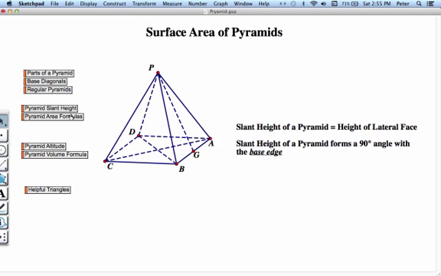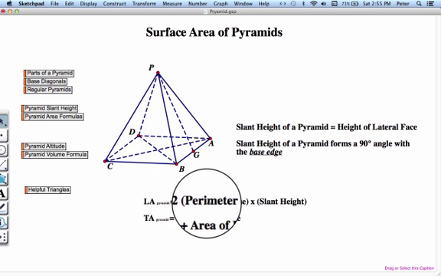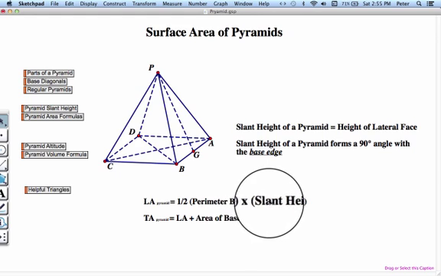Now the slant height is what we use when we're calculating the lateral area and the total area of the pyramid. The lateral area of a pyramid is 1/2 the perimeter of the base times the slant height. This is only for regular pyramids. Let me state that again: the 1/2 perimeter of the base times the slant height is only for regular pyramids.